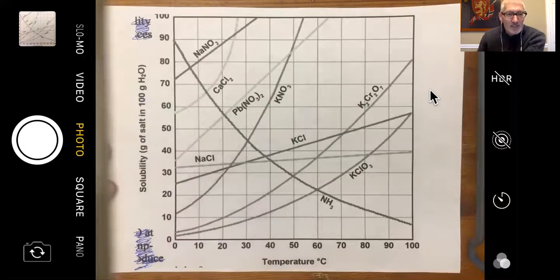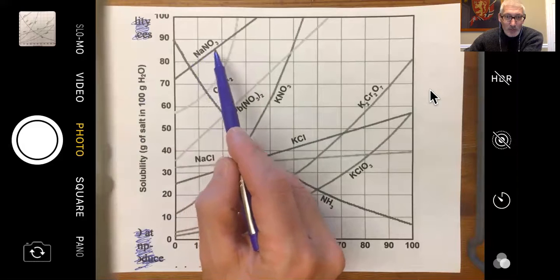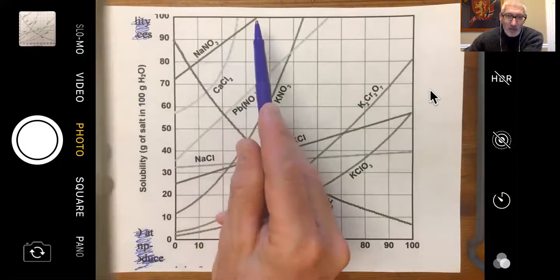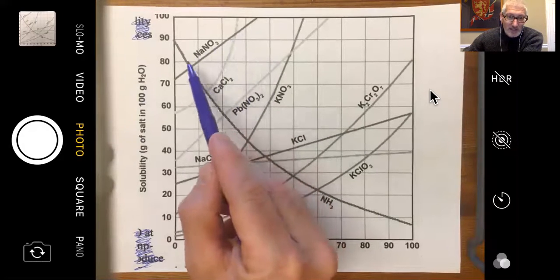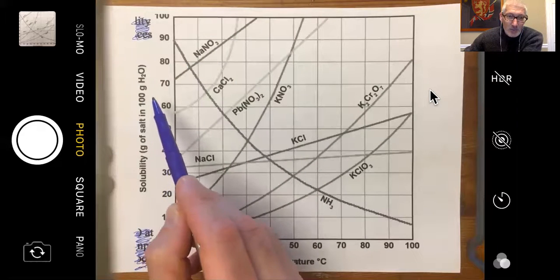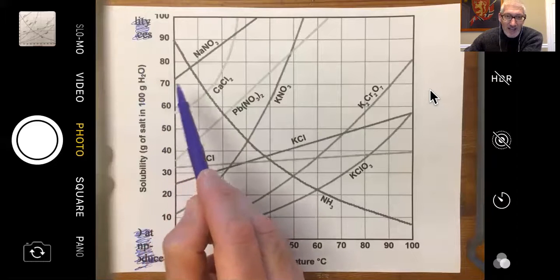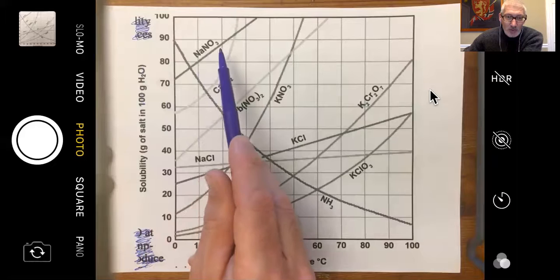So let's pick one of these and understand what it's saying. If the salt I'm talking about is sodium nitrate, NaNO3, this particular line is telling me that if I wanted to dissolve NaNO3 into 100 grams of water, the water would be the solvent and the NaNO3 would be the solute.